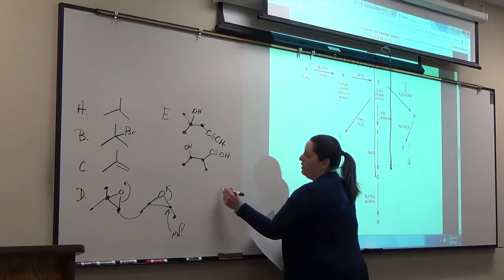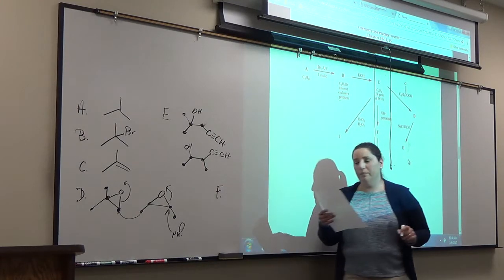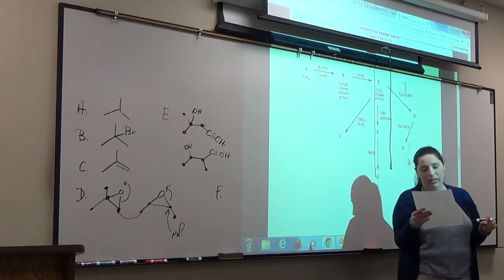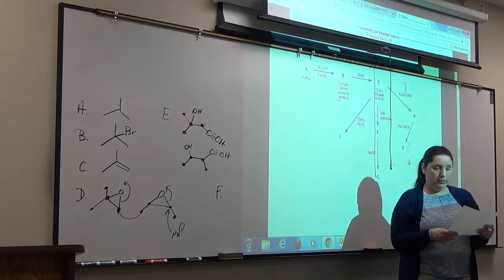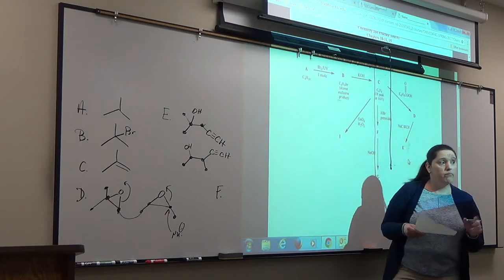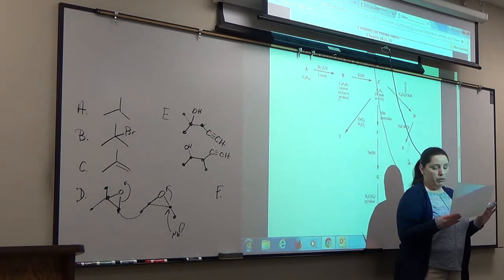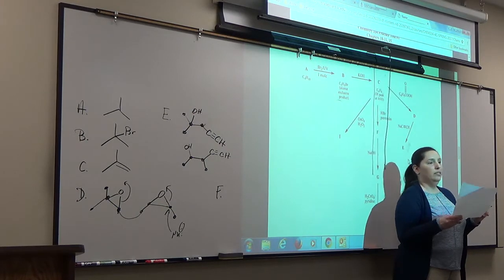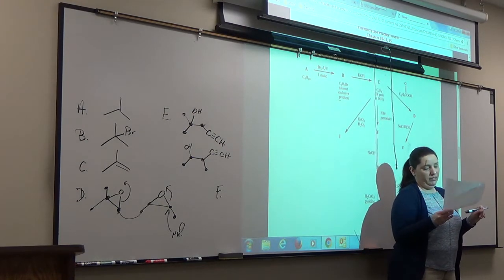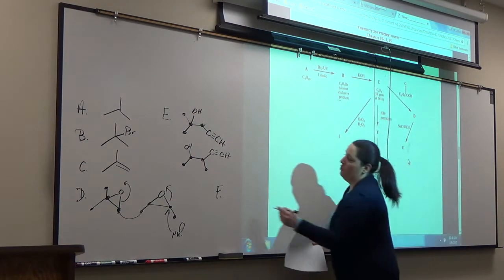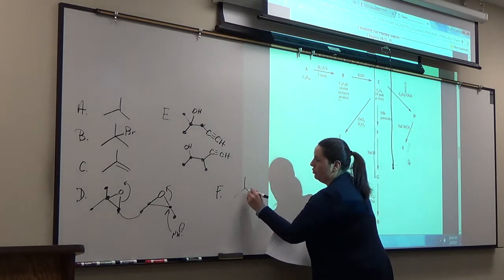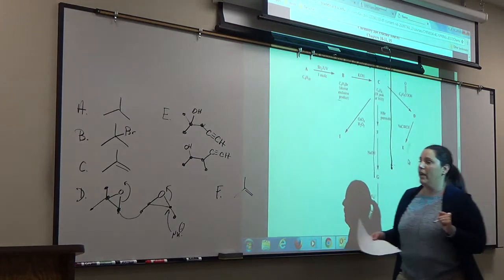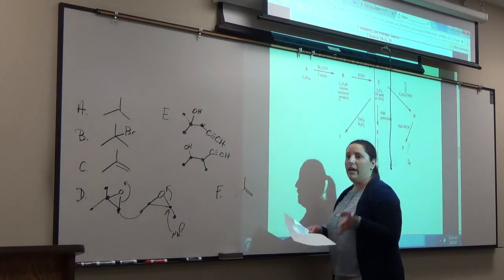F, we've got to go back to C, and we are adding HBr with peroxide. So what does that give us? It gives Br on the primary on the very end. Does the double bond open? No, no, this is with peroxides. So you're, again, going back to C, and considering that, what would happen?